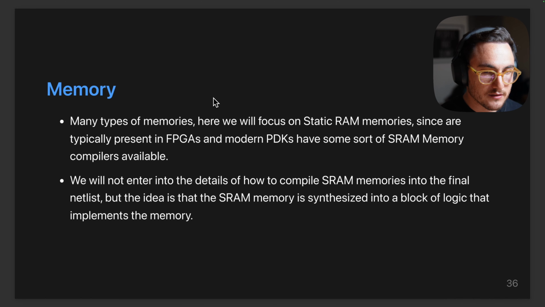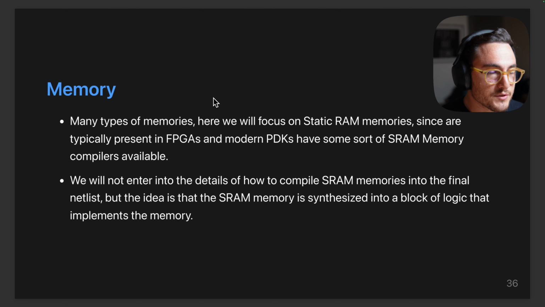We are at the last piece of sequential logic that we're going to see today, and it's memory. And this is a huge topic when it comes to chip design. We have many different types of memories. Here we will focus only on static RAM memories, without even entering into the detail of how that memory is implemented.